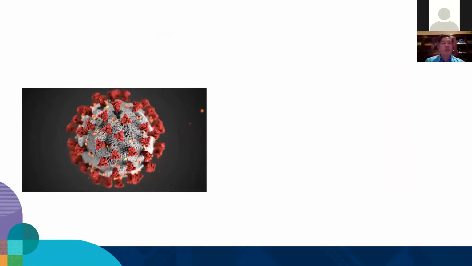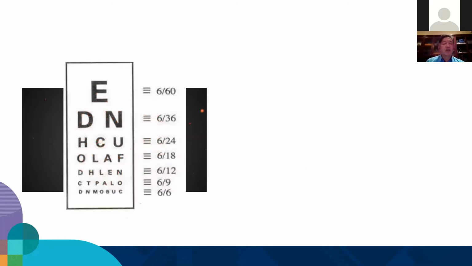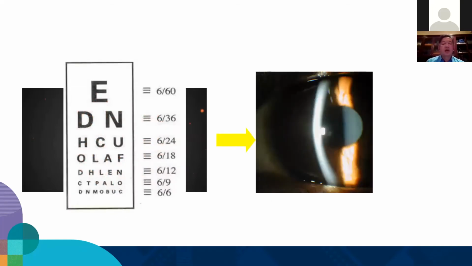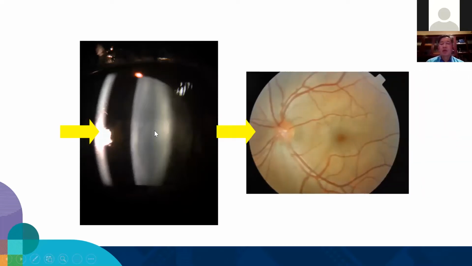So once you determine that the patient is not going to give you COVID, you check their visual acuity here. Okay, so light from that then passes through the tear film, the cornea, anterior chamber, and then passes through the lens, through the vitreous, and hits the retina.